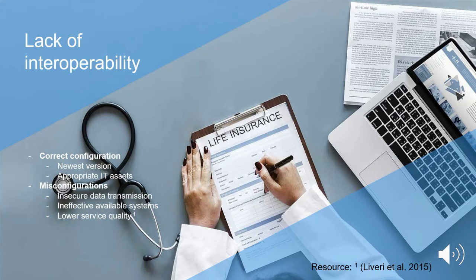A lack of interoperability might affect secure data transmission between layers. Moreover, misconfigurations may disturb the availability and security of systems, therefore harming the quality of service. Hence, a lack of interoperability might expose the layers to security threats.